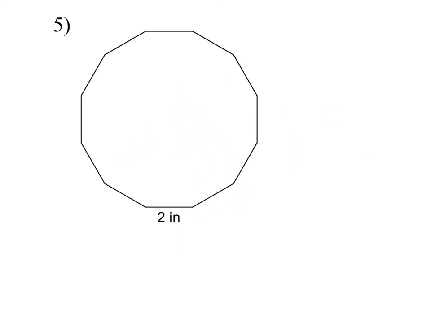So now let's count how many sides. 1, 2, 3, 4, 5, 6, 7, 8, 9, 10, 11, 12. So I have a 12-sided polygon. My first step, again, is to look for my apothem.